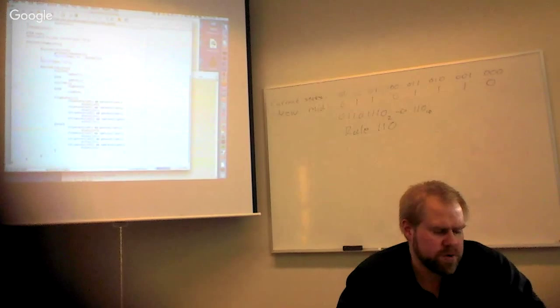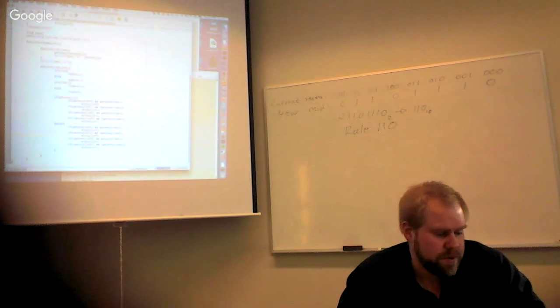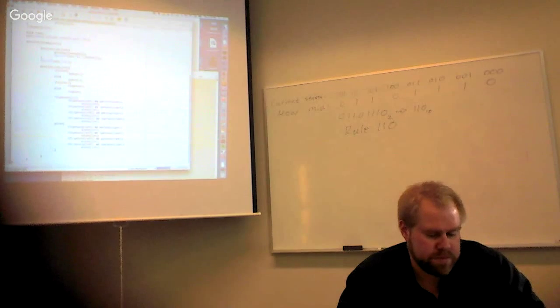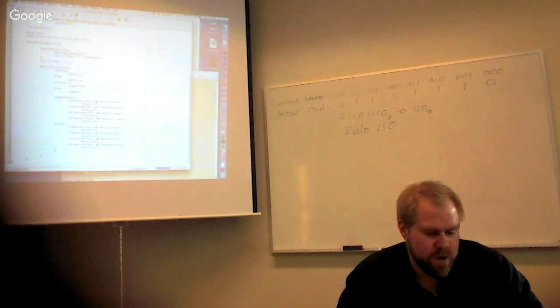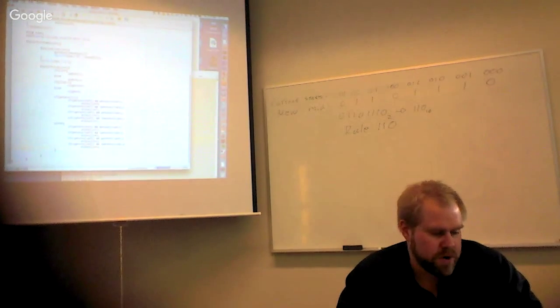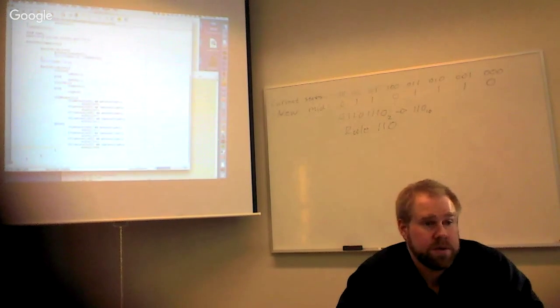What do I do for 1, 0, 1? 1. What do I do for 1, 0, 0? 0. What do I do for 0, 0, 1? 1. What do I do for 0, 0, 0? 0. That should be it.